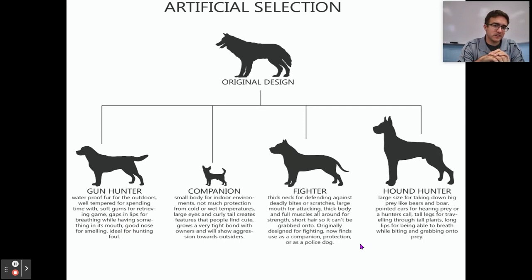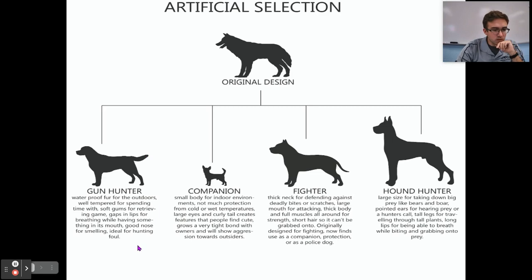But the classic example of artificial selection is with dogs. Our modern-day dogs descended from wolves, and then we just selected for different traits. Labrador retrievers are perfect for duck hunting because they have waterproof fur, so they can swim out. They're even-tempered and not sensitive to loud noises.